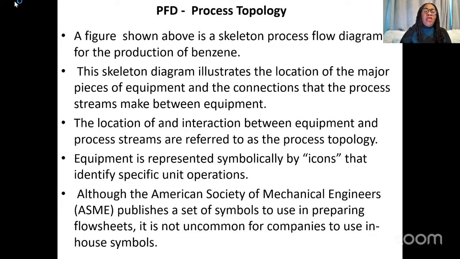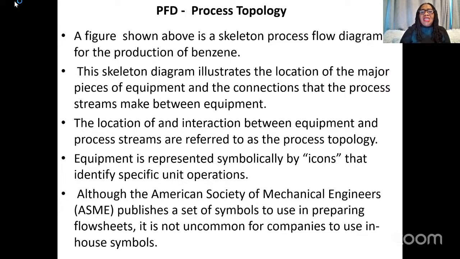So we want to look at process topology now. I've told you that the process flow diagram is basically categorized into three: process topology, stream information, and equipment information. So let's look at the process topology. What is process topology?